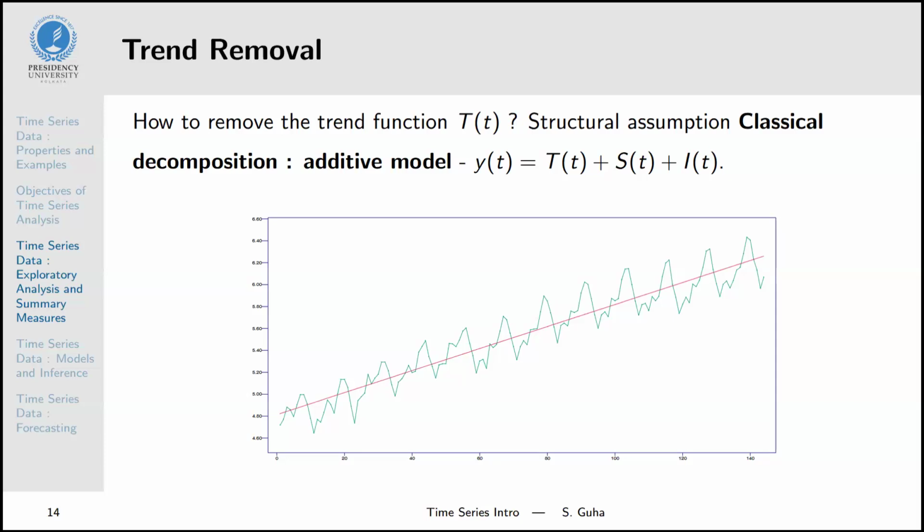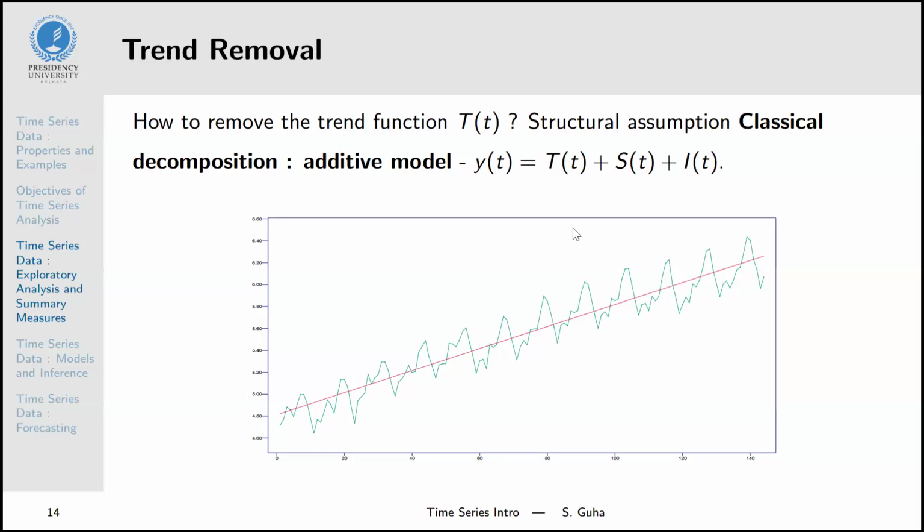It is something like the residual in a linear model for regression problems. In regression, you remove the fitted value from the original observation, and that gives you the residuals. Similarly in time series, when you remove the trend part from the original data, it gives you the detrended values.